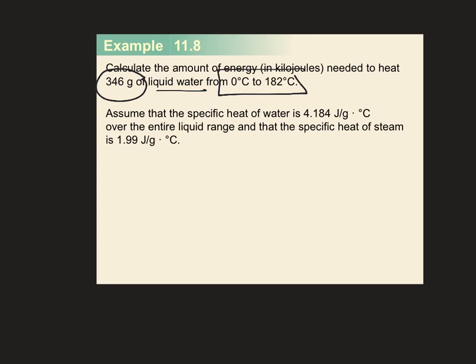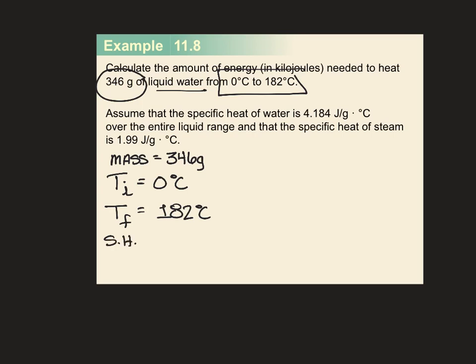Let's start with, I've got a mass, 346 grams. My initial temperature is 0 degrees Celsius. My final temperature is 182 degrees Celsius. And then it says we have a specific heat of water.